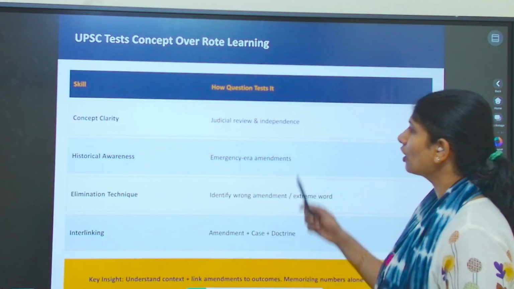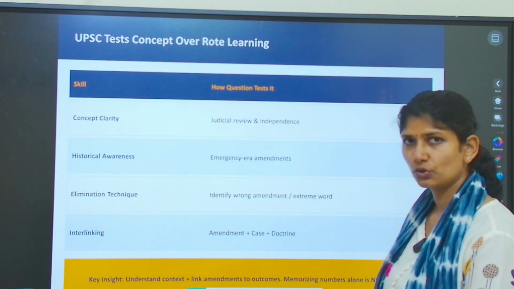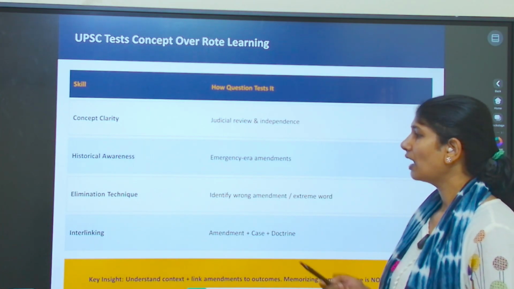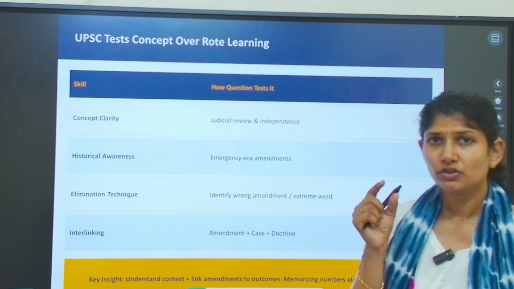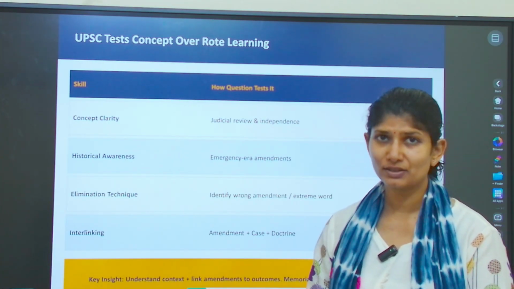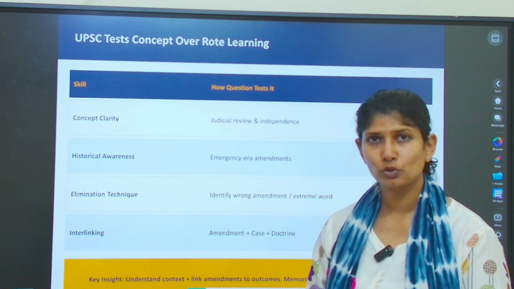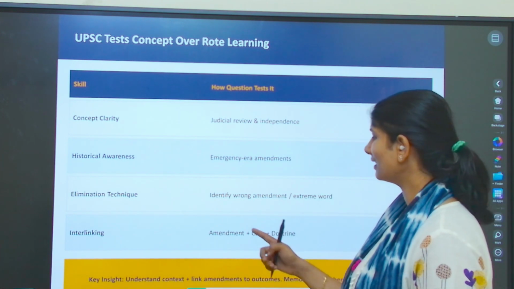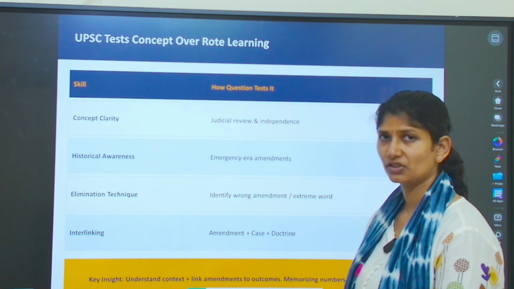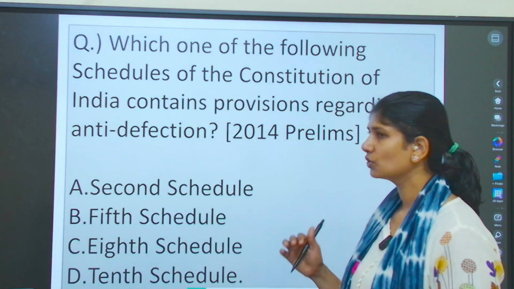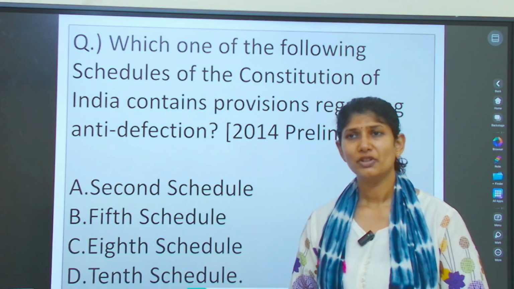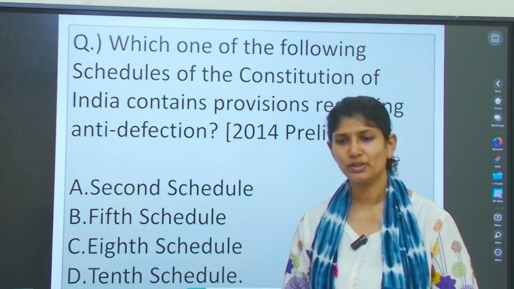What is going to get you ahead is conceptual clarity on judicial review and judicial independence, historical awareness regarding your Emergency era, and also elimination techniques like I told you, for the wrong amendments or your extreme statements, and also making sure that current affairs, dynamic amendments, are also kept in mind, and interlinking your amendment, case and the doctrine behind it, that is your basic structure doctrine. So this helps you understand the topic more, which will help you in elimination. Whereas if you by-heart, there is a high likelihood you might forget it.